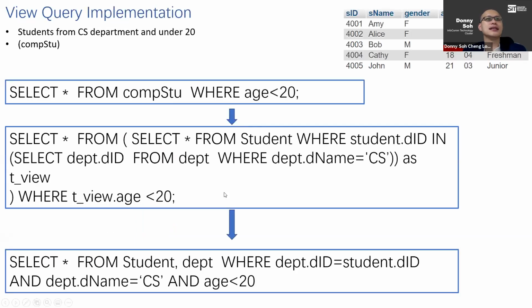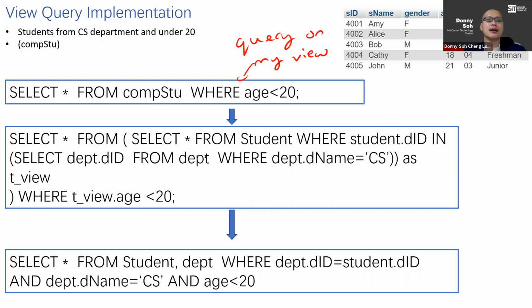This is just an example of how the query is broken down. The first query here is the query on my view. What is this query?